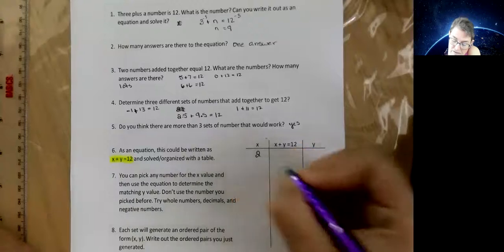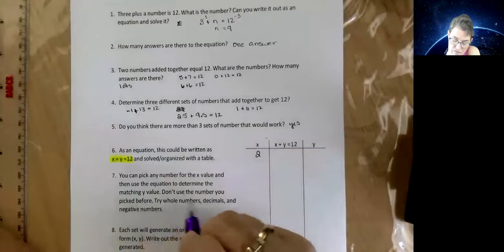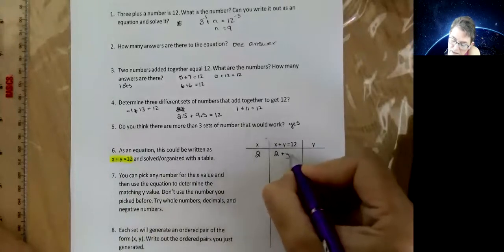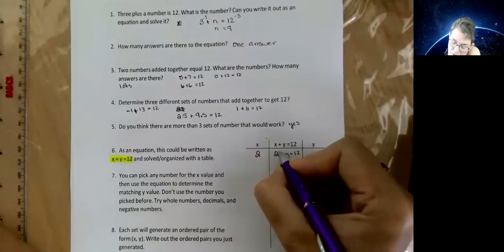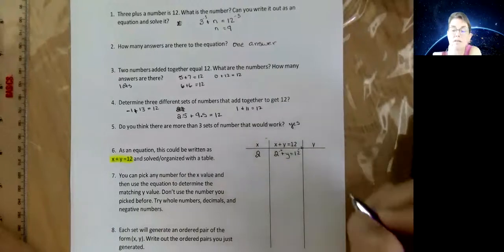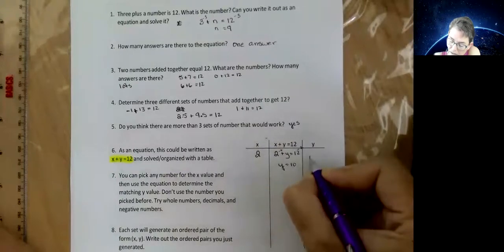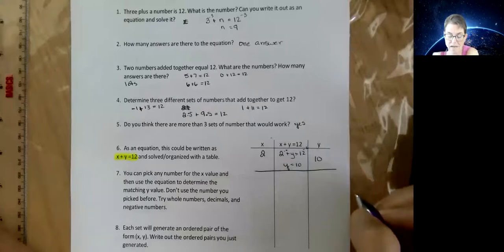Then x plus y is 12, so 2 plus y is equal to 12. I want to get y by itself, so I subtract 2, and I get y is equal to 10. Then I put 10 over there and draw a line across. And that's about as hard as it gets.